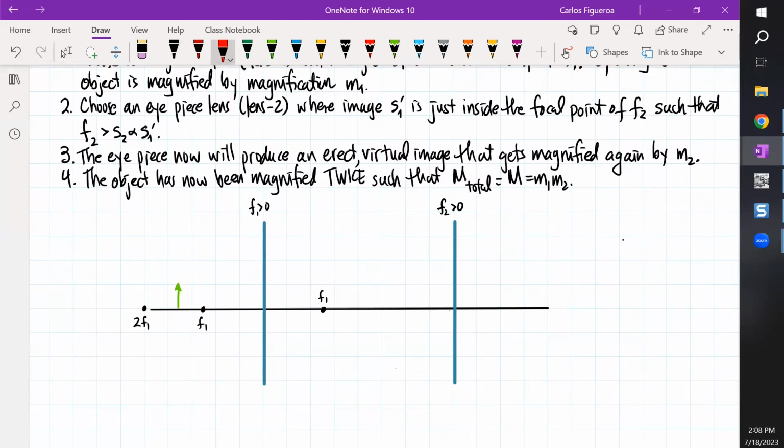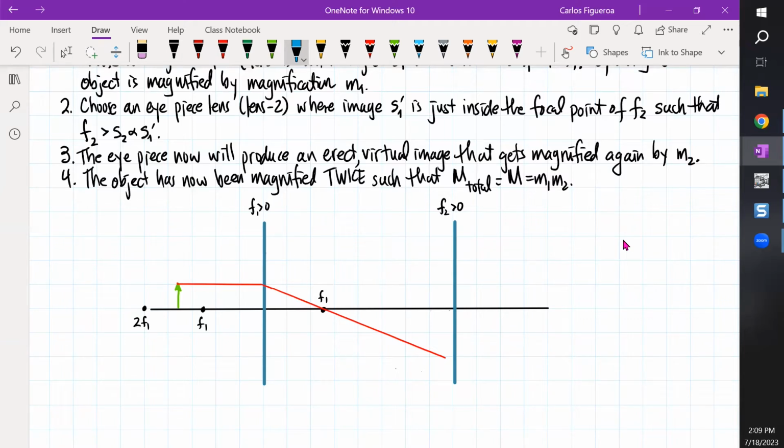So now what am I going to do? I'm going to draw my ray diagram. Here's ray number 1. Then I got to go through the focal point. And then I'm going to erase some of this ray just to clean it up. So for starters, I'm just going to go all the way down to about right here. But remember what I said, I'm going to erase that tail end. So now I'm going to have ray number 2 here.